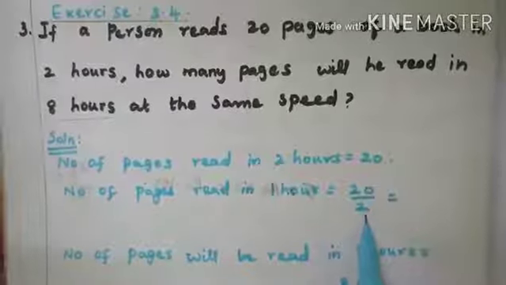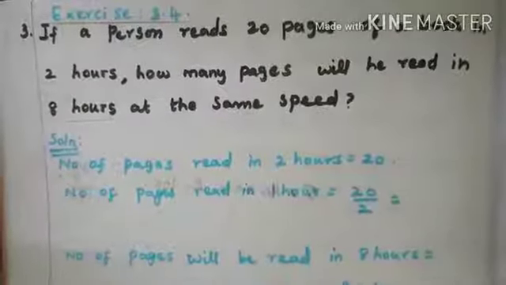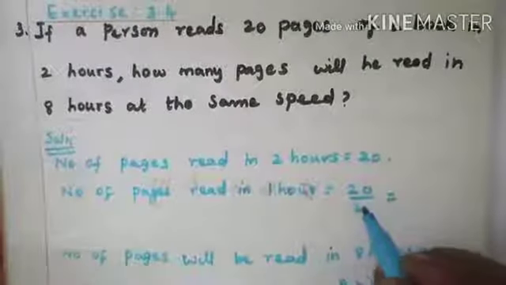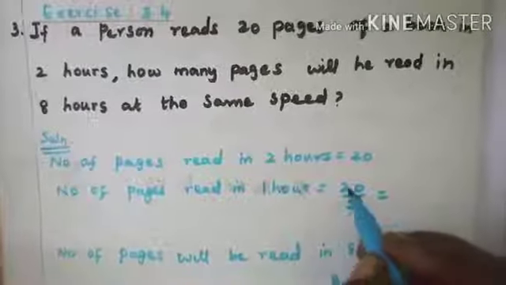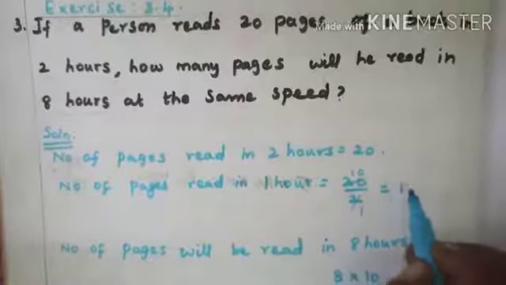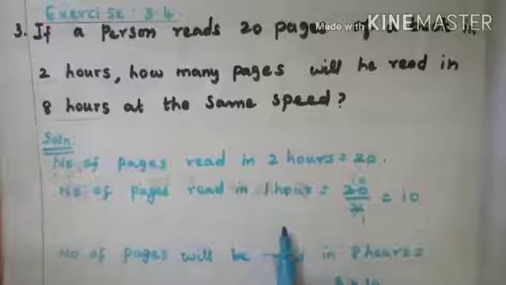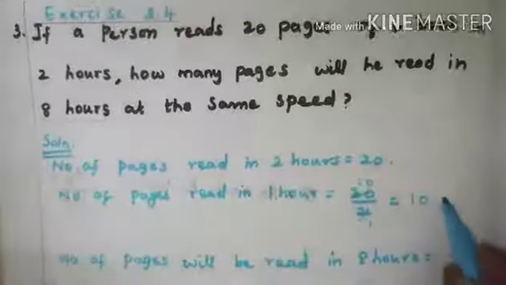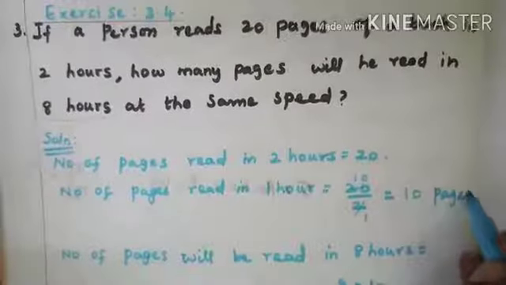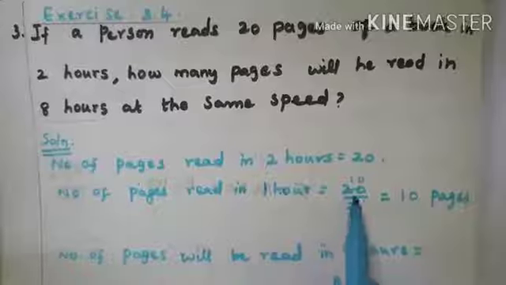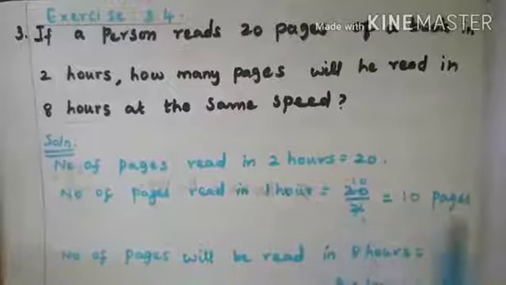When we are dividing 20 by 2, 1 2 is 2 and here 1 2 is 2 and we put 0. Therefore 10. So he is reading 10 pages in 1 hour, isn't it? 1 hour is 20 divided by 2 equal to 10.